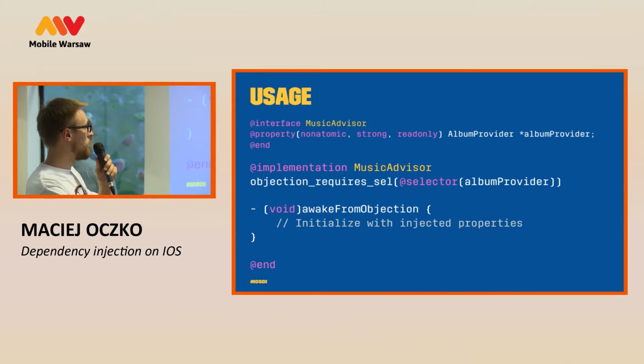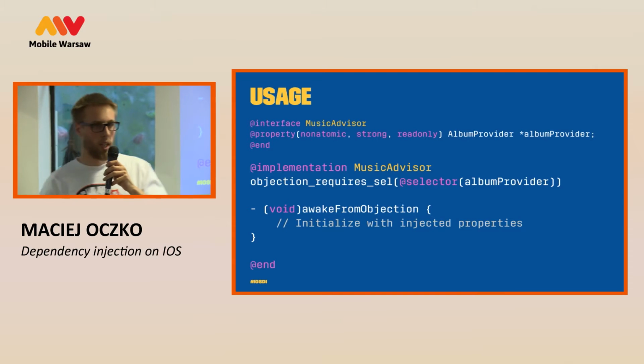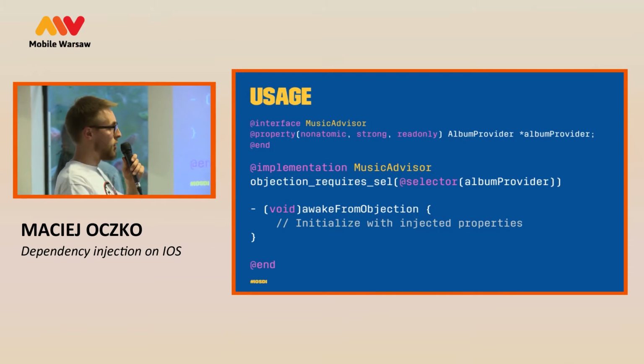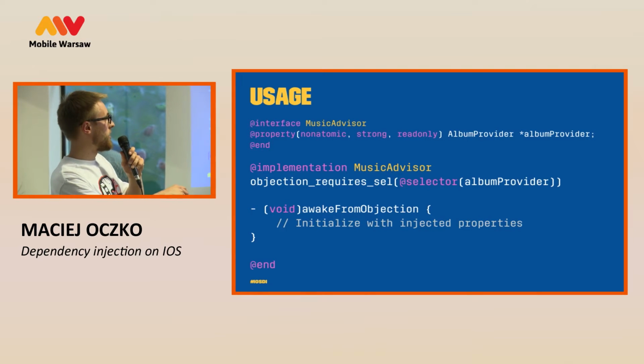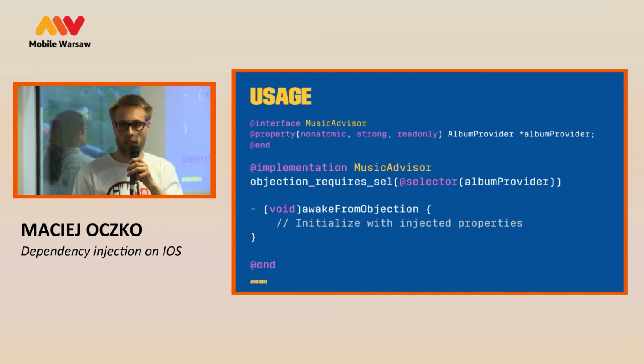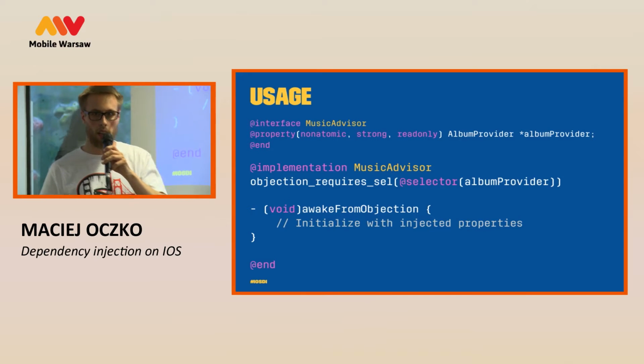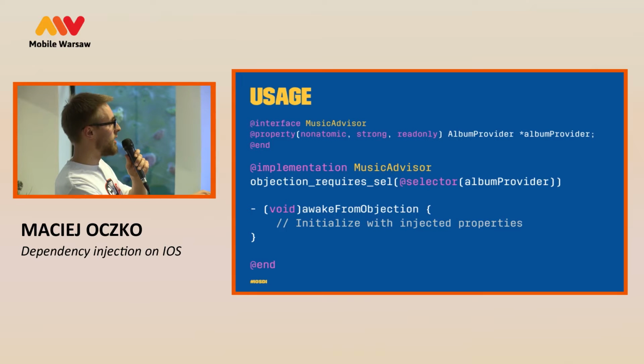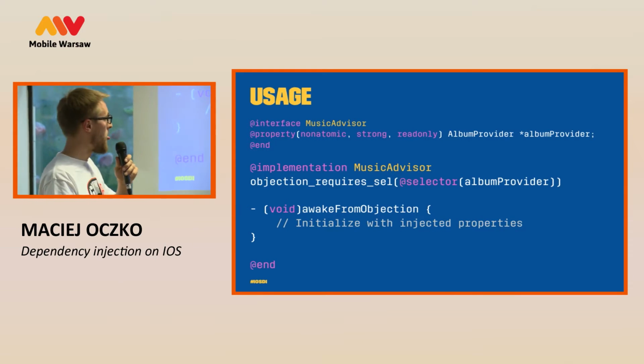So what we have to use is a macro. In general, Objection provides you a set of macros, very different, and this is one of them. You just say you require a selector. There is runtime magic underneath. It knows that thanks to that, it can find this property, inspect it and inject it afterwards.